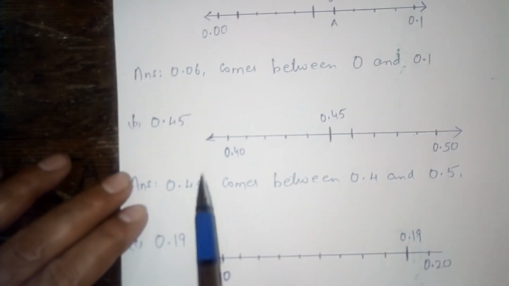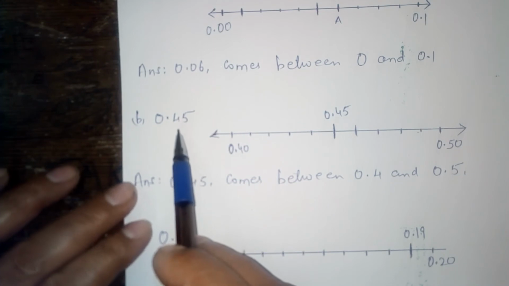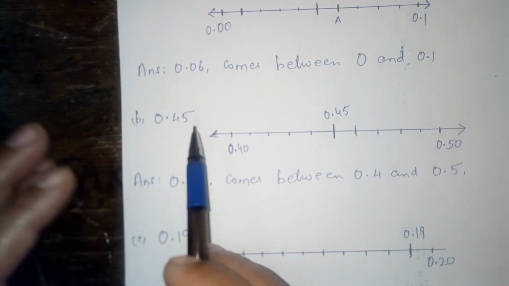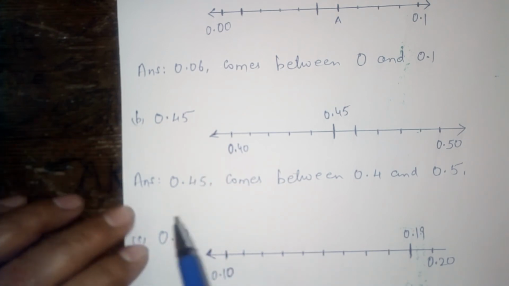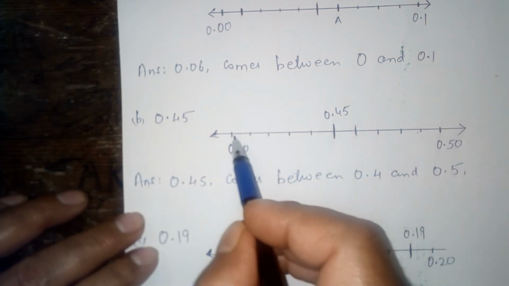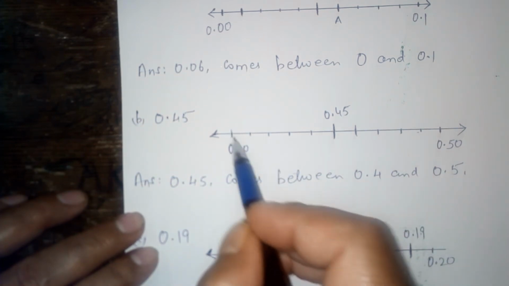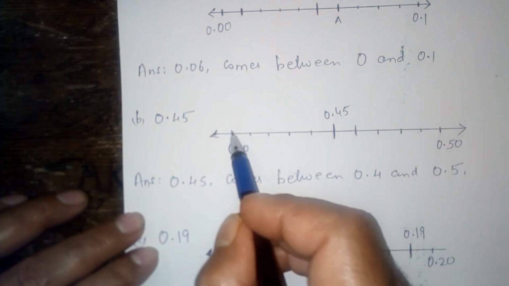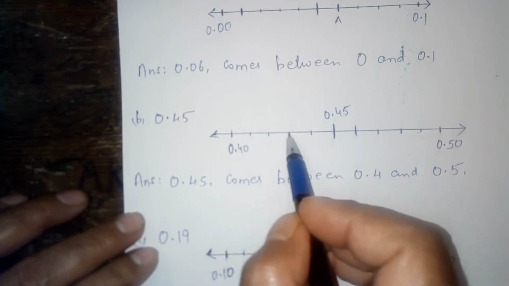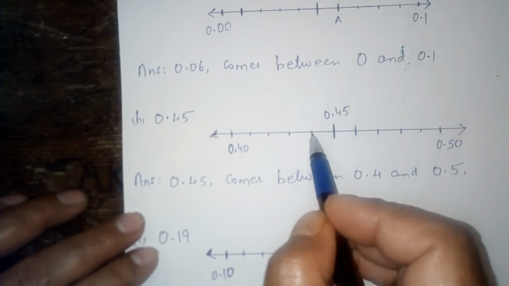Again, this is 0.45. The meaning is 0.45 lies between which two decimal numbers? As you know very well, we will make one number line. This mark belongs to 0.40. This is 0.40, 0.41, 0.42, 0.43, 0.44.